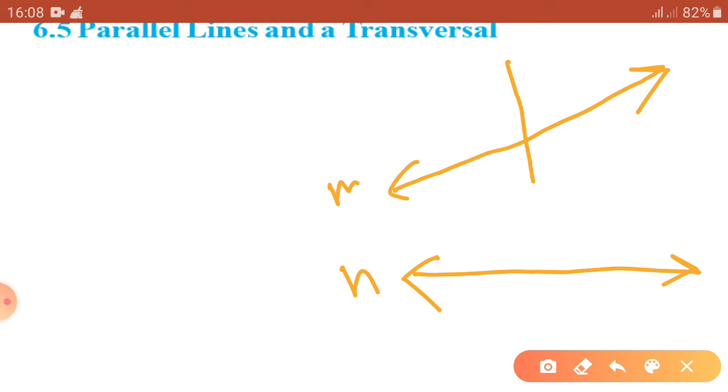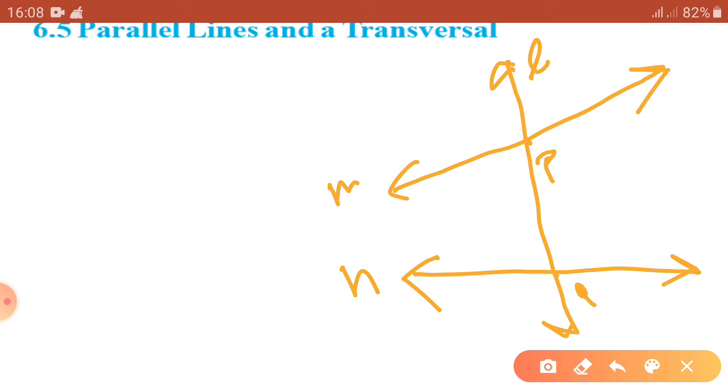It will be like that way. So if the line is L, it cuts line M at point P, this is the point P, and this is the point Q. Okay, so therefore line L is a transversal for line M and N.